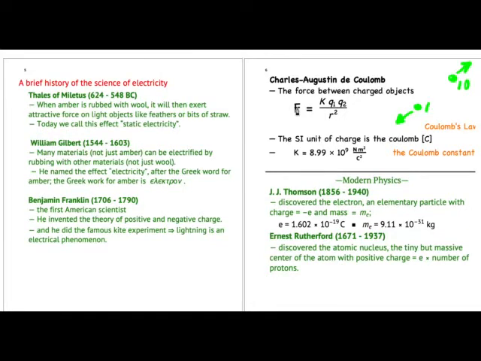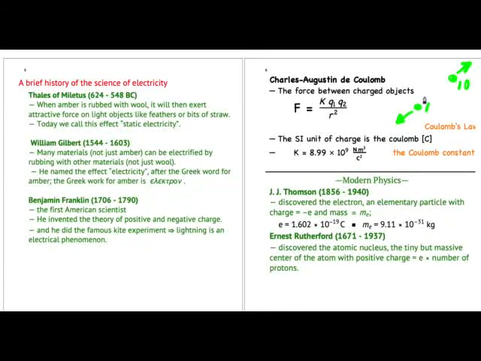And the strength of the force is a universal constant K, which we call Coulomb's constant, multiplied by the first charge, Q1, multiplied by the second charge, Q2, and divided by R squared, the distance between the two charges.